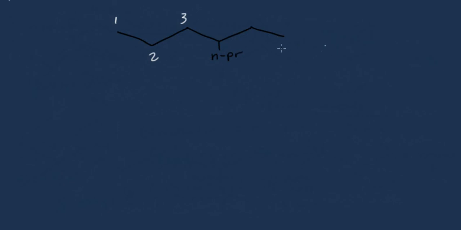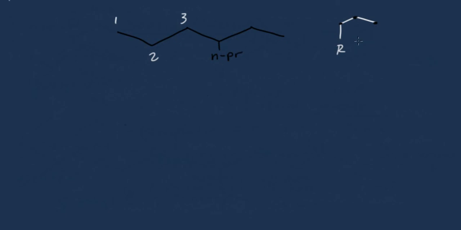But if we take a minute to realize that N-PR is just our normal propyl, like this, we see that we have 3 carbons that come before our R group, where our R group is simply this kind of straight long chain right here.